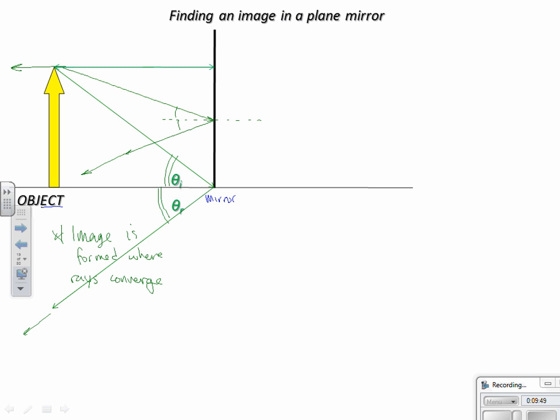Well, the problem is these are never going to converge. They're never going to come together. So we add this: or where they appear to have originated.